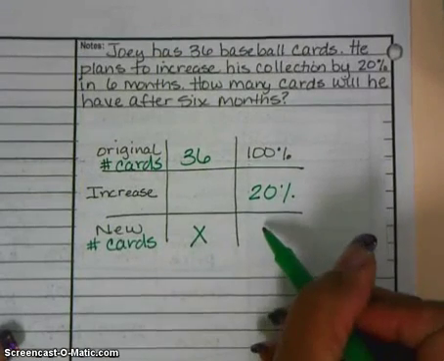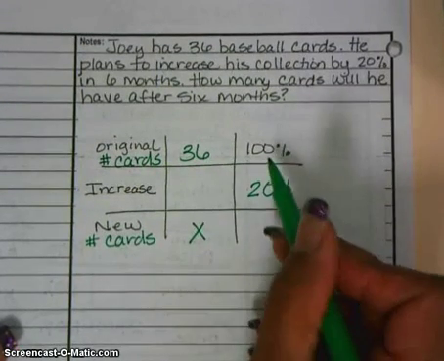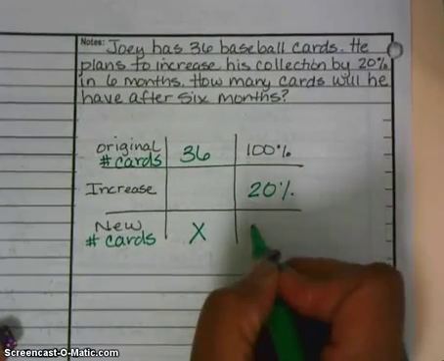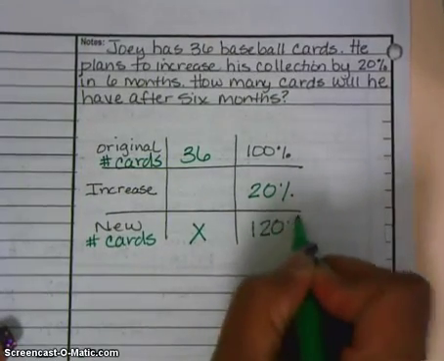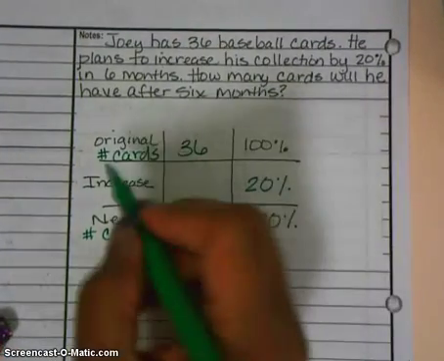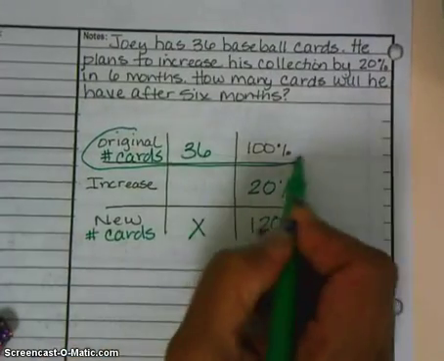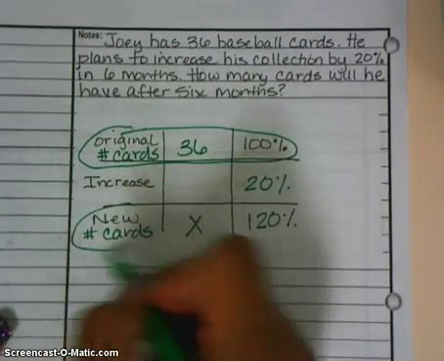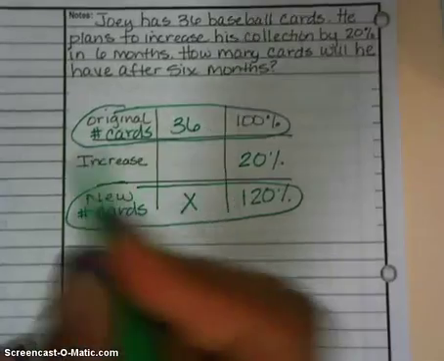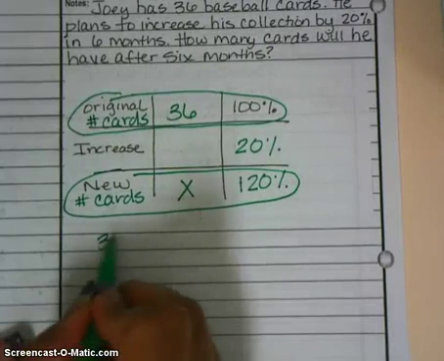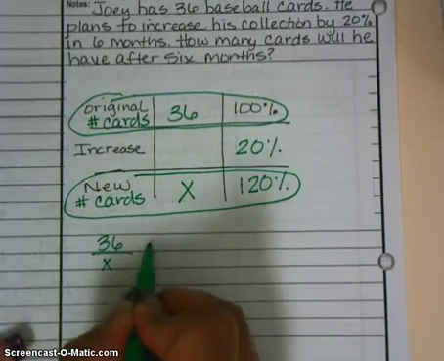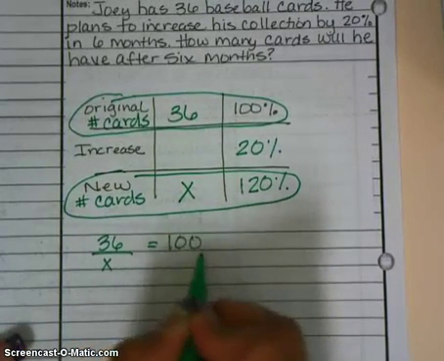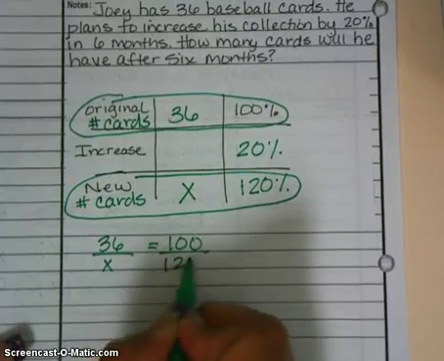I need to know this value here. So 100 plus 20 is going to give me 120%. I'm going to use this top row and this row to create my proportion. So I have 36 over X equals 100 over 120.